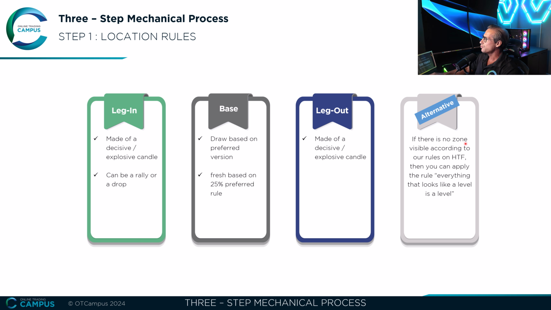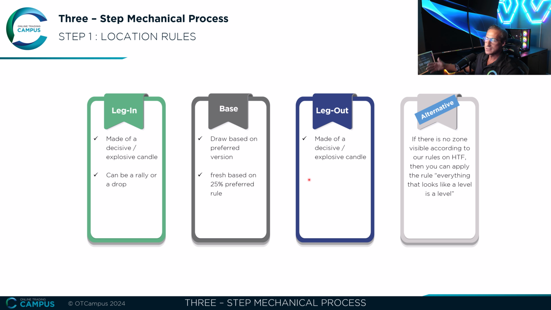And if there's no zone visible according to our rules on a higher time frame, and these are very, I would call them conservative rules, then you can apply the rule, everything that looks like a level is a level. Because sometimes you can clearly see, hey, there's a rally-base-drop or drop-base-rally, a clear U-shape or inverted U-shape, but one of these very conservative rules is not being met.